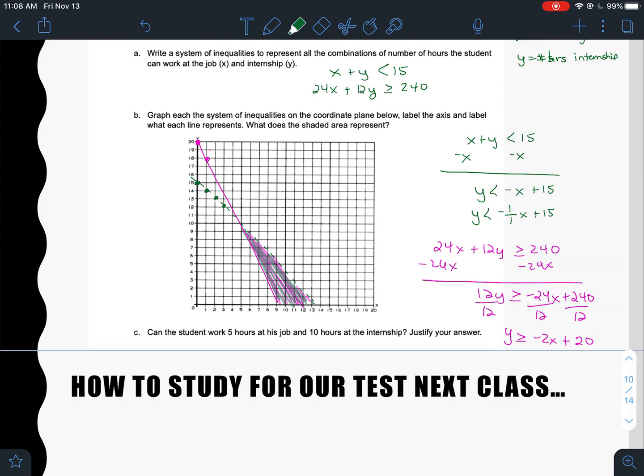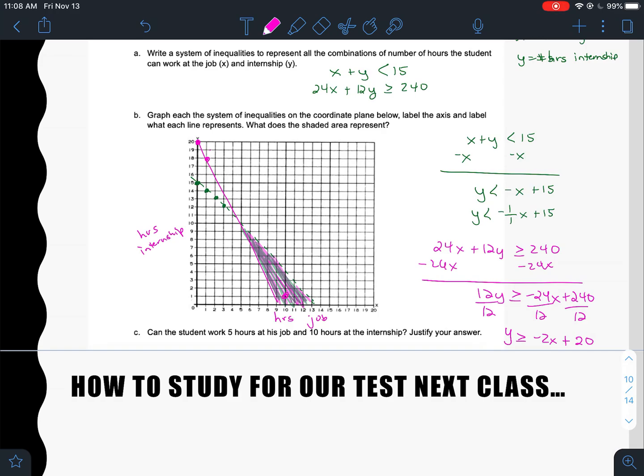So what does the shaded area represent? The shaded area represents all the hours. So this is X. So these are the hours at the job. And then here are the hours at her internship. This represents the number of hours she could work at her job and the number of hours she could work at her internship, so that she works less than 15 hours but makes at least $240.